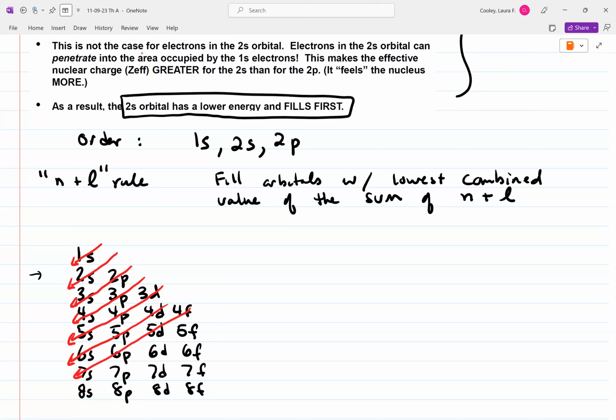So you can see that the order this gives is 1s, 2s. You just follow the arrows: 2p, 3s, 3p, 4s, 3d, 4p, 5s.